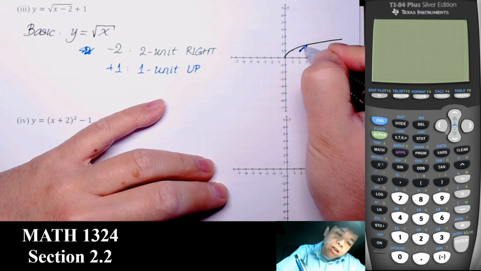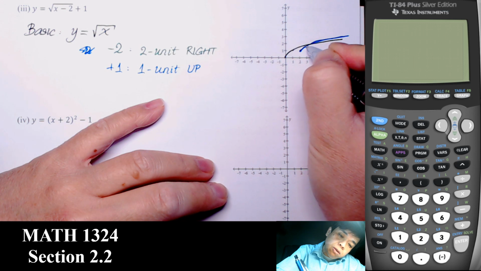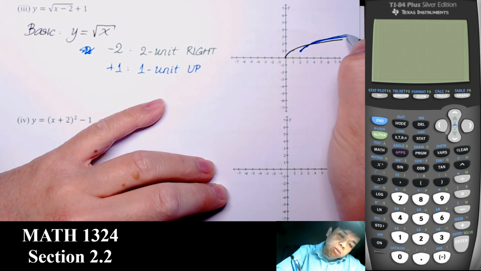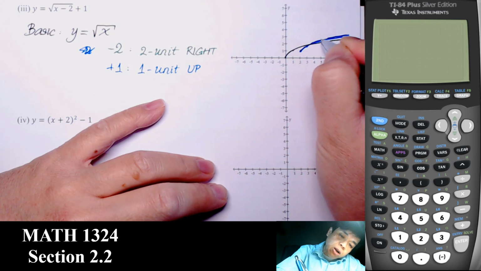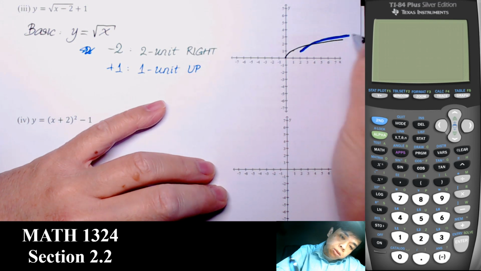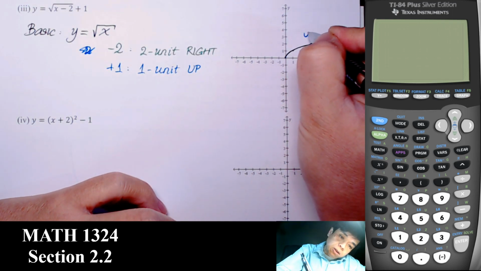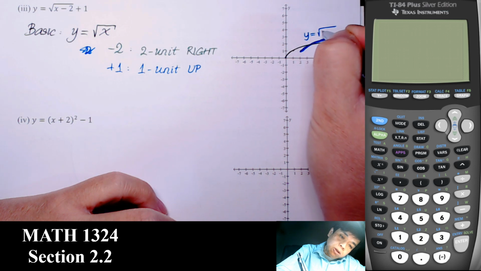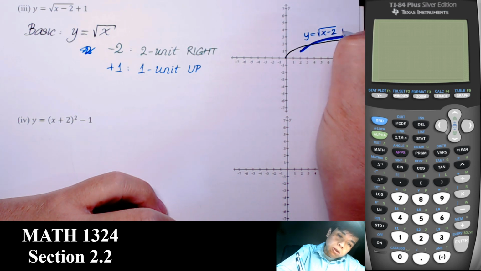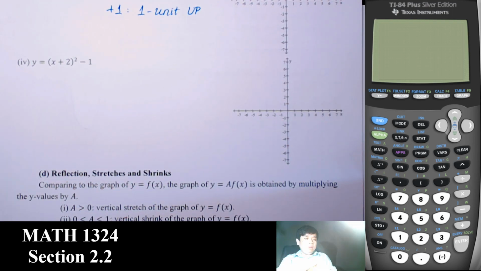And then we have that. I said the graph is secondary. The important thing is, how do we write the transformation here? Now we do this.